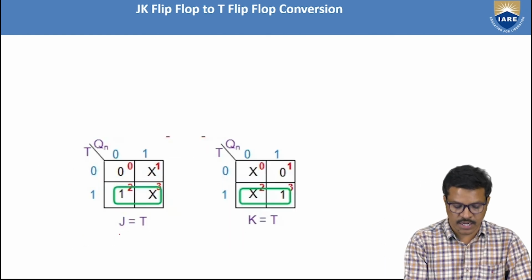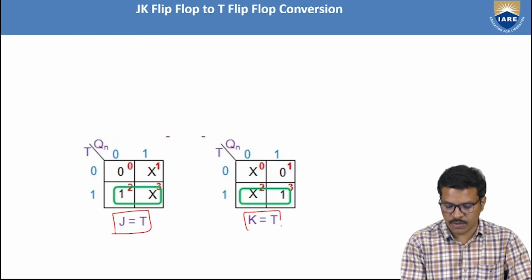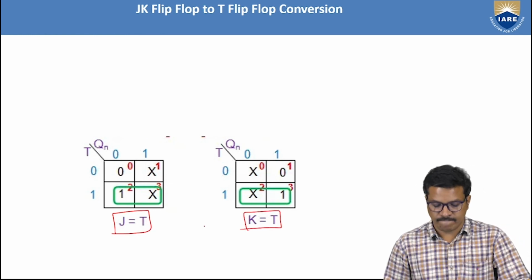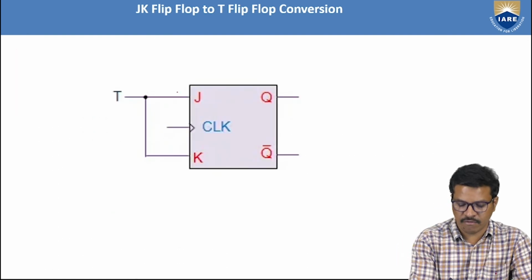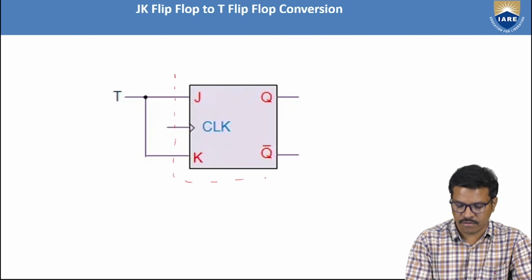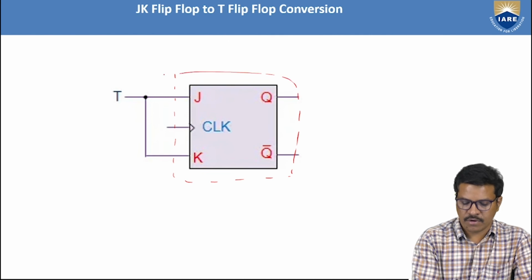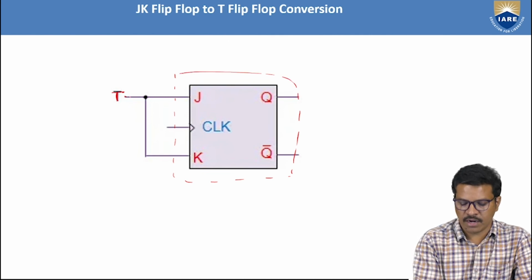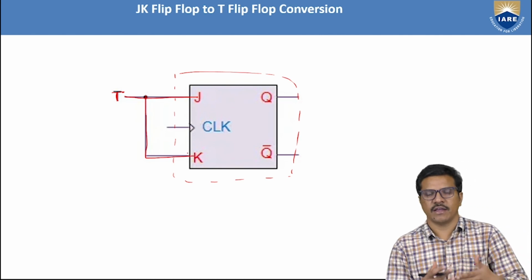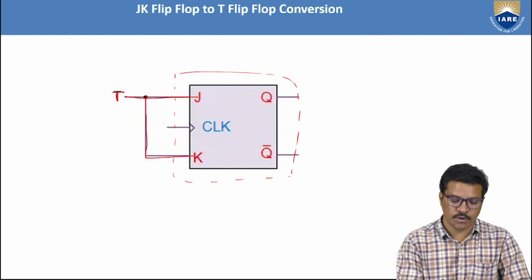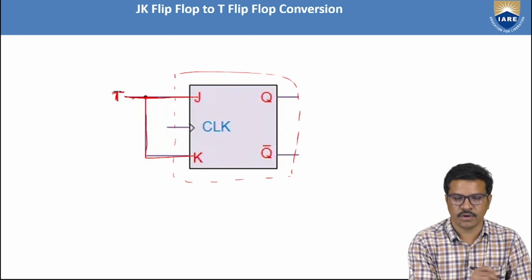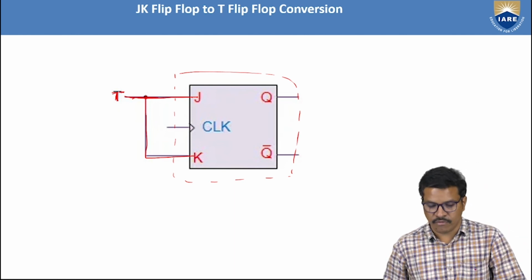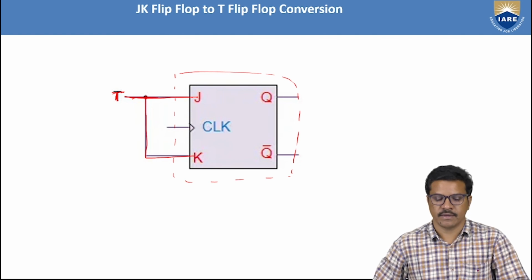J is equal to T and K is equal to T. Both are connected to T. Take the JK flip-flop and connect the T terminal directly to J and K. J is equal to T, K is equal to T. So connect J and K to one single input T, and you will get the T flip-flop. Likewise, you can convert.